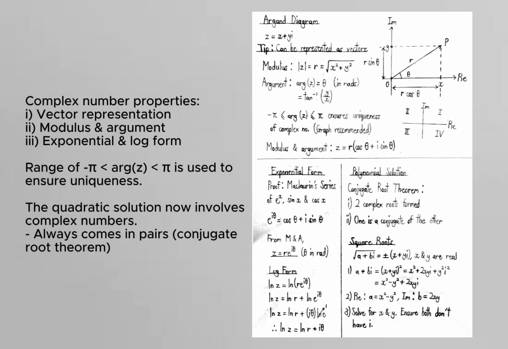Now let's look into the properties of complex numbers. So complex numbers can be represented as vectors in the Argand diagram, and when you represent them in the Argand diagram, you can find the modulus and the argument. So modulus is the magnitude of the complex number, whereas argument is the angle from the real axis.